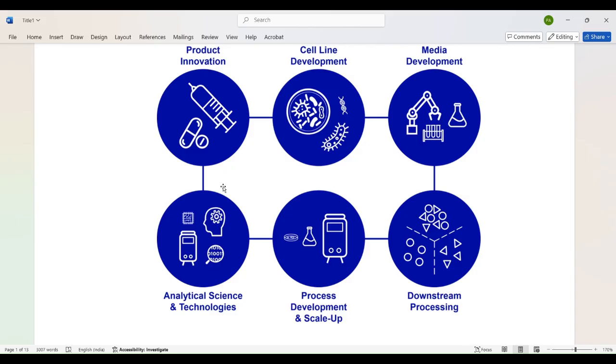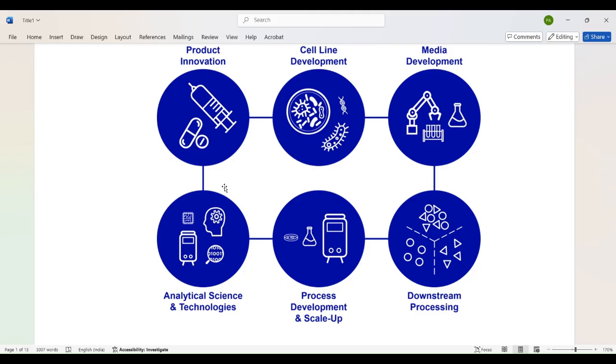But with the help of recombinant DNA technology, we could integrate the gene for insulin production into bacteria, and the production of insulin was shifted to bacteria rather than animal origin.